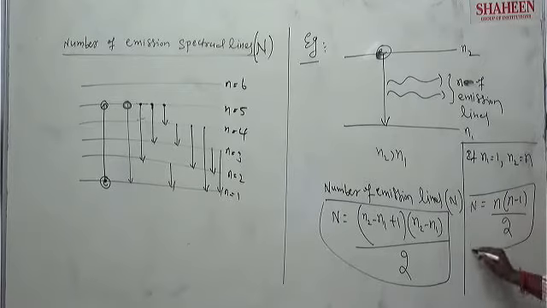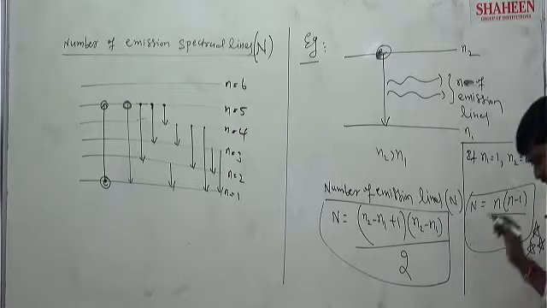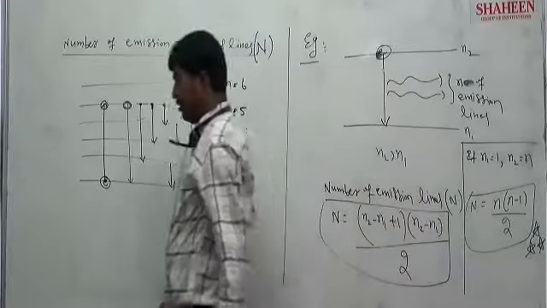These many lines will be emitted. Is it clear?